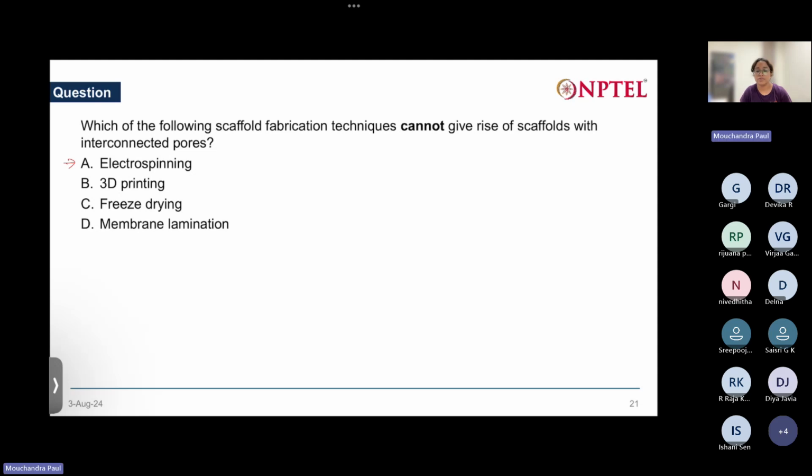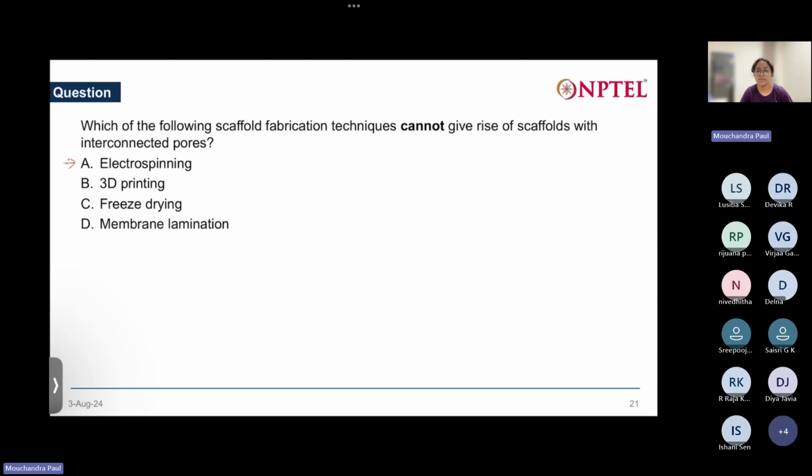I'll wait for a few more seconds. Think over it. Electrospinning. Okay, we already got electrospinning. What about 3D printing or freeze drying or membrane lamination?